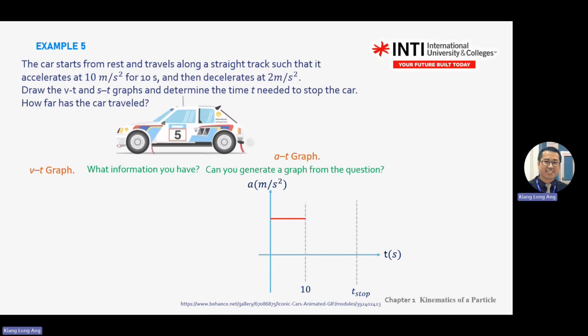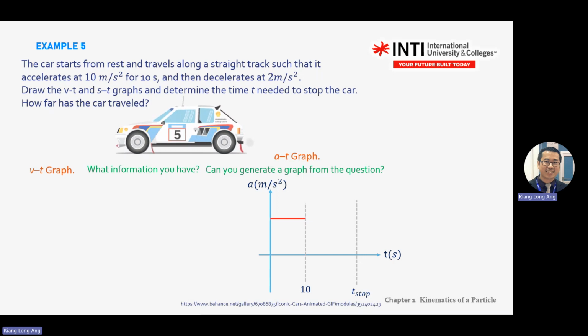So from 0 to 10 is accelerating at 10. If you draw like that, it means your acceleration is a constant value, 2. So if you draw a negative gradient line, it's wrong, because the question already gives you one constant value.